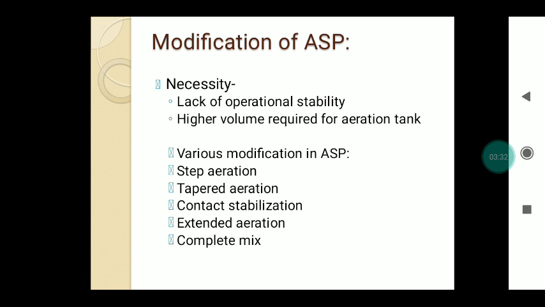That's why it is necessary to provide a modified activated sludge process. Okay, it includes the various modifications in the ASP, that is step aeration, tapered aeration, contact stabilization, extended aeration, and complete mix aeration. So let us discuss one by one.